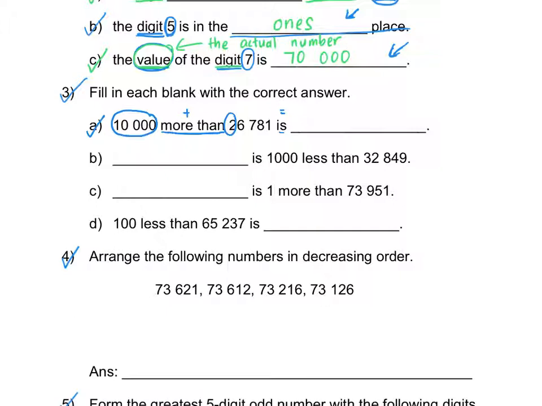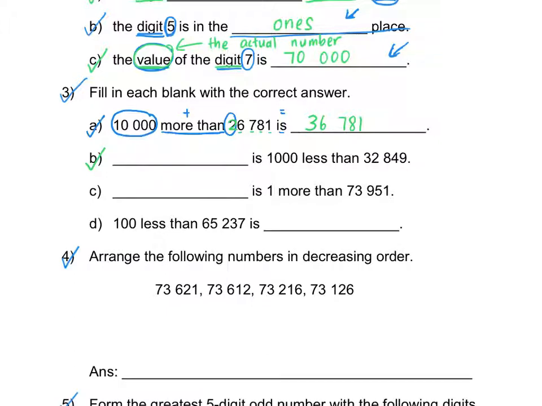It becomes a digit 3. So your answer would be digit 2 becomes a digit 3, and the rest of the digits remain the same. And therefore, your answer for part A would be 36,781. Let's go on to part B.